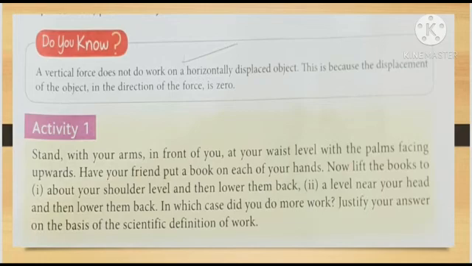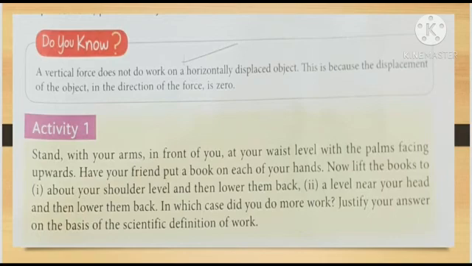Now let's discuss activity number 1 given at page number 159. This is quite interesting. What you are asked there: stand with your arms in front of you at your waist level with the palms facing upward. Have your friend put a book on each of your hands.